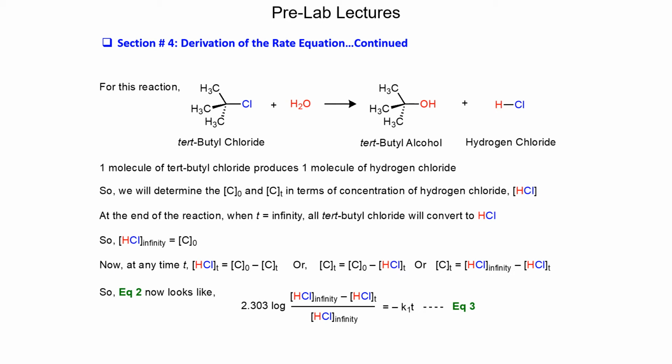At the end of the reaction, we will not have any tert-butyl chloride, but we will have 100% of hydrogen chloride.